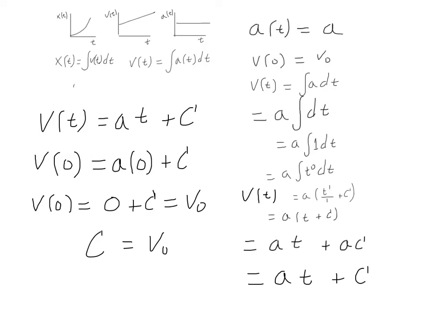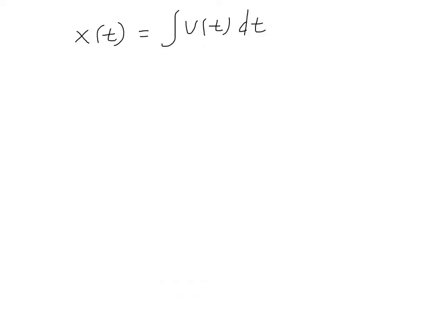And so our equation, rearranging the c, is v of t equals v naught plus at, which, as you might recall, is the exact same equation for v on page 21 of the physics book for the special case of constant acceleration. I want to continue my example, and hopefully we'll get the right equation for x of t that's on page 21. But I want to point out a few features of how integrals are a lot like derivatives.